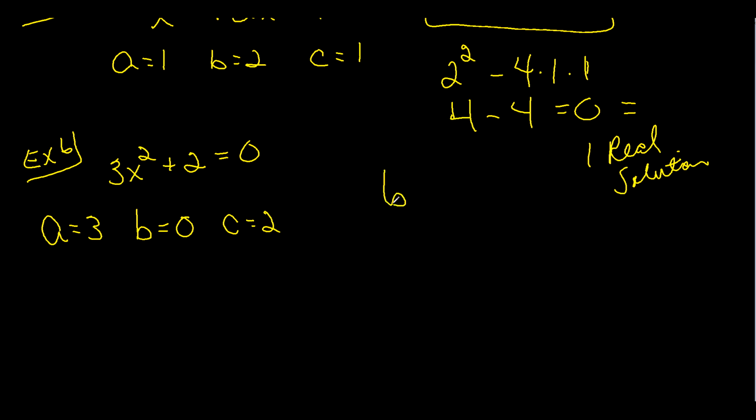So now I've got b squared minus 4ac. That's a b, by the way. So it looks like I have 0 minus 4 times a, which is 3, times c, which is 2. It looks like I've got a negative number here. So I've got negative 24.